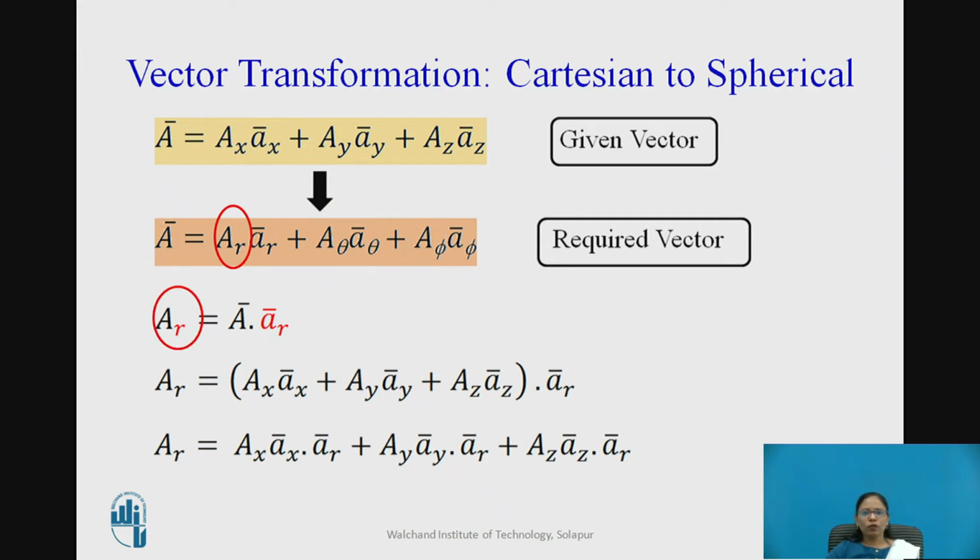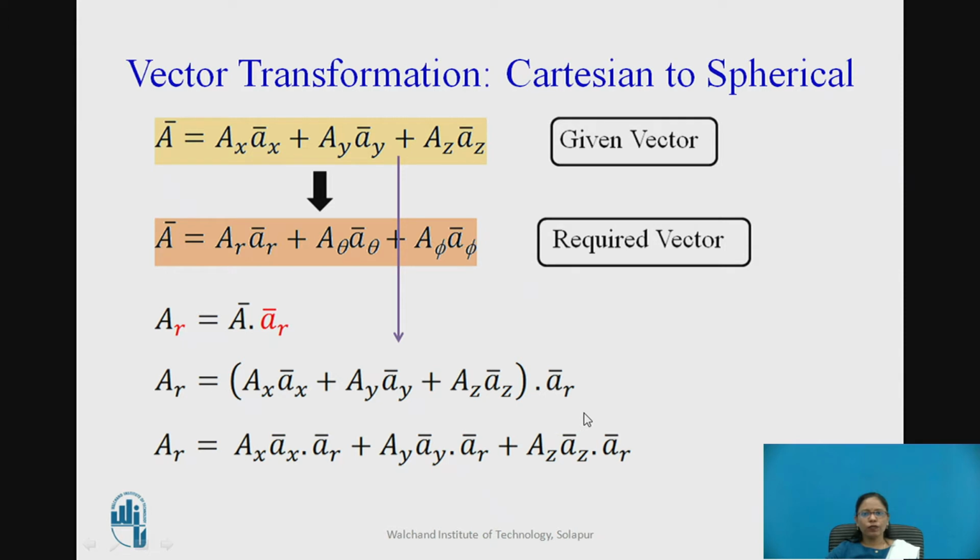Let us first find out AR. To find AR, I have to take the dot product of the given vector A bar with the unit vector ar bar. So I put A bar, the given vector, ax bar plus ay bar plus az bar, dot product with ar bar.